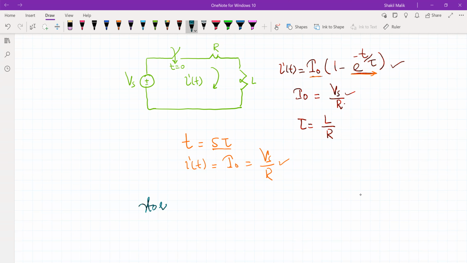The value of this energy is 1/2 L I squared, where L is the inductance and I is the steady state value of the current. All right, so this we learned in the previous session.